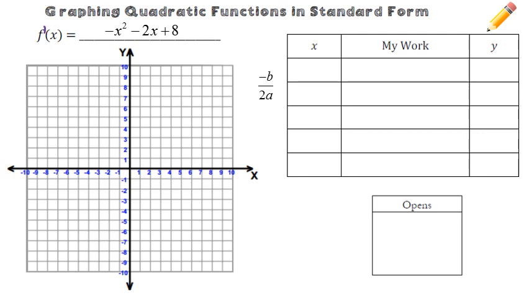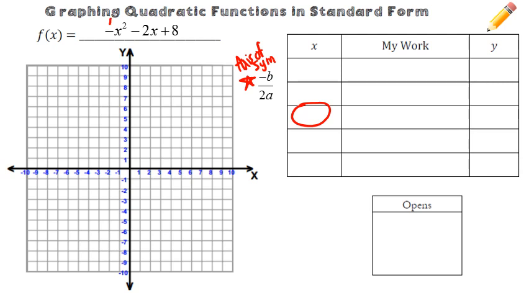First of all, write down the function over here on the top left. You've got -x² minus 2x plus 8. I want to make a table, but again, I don't want to start at 0 because what if my graph is way over here? So in this case, we want to use -b over 2a to determine my axis of symmetry. It's going to help me choose my key x point.